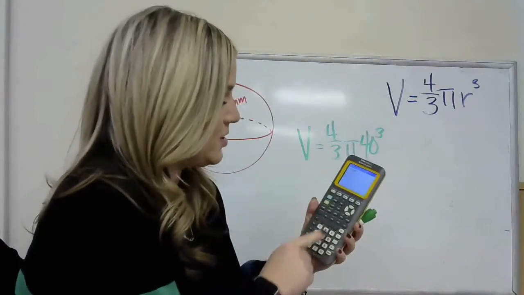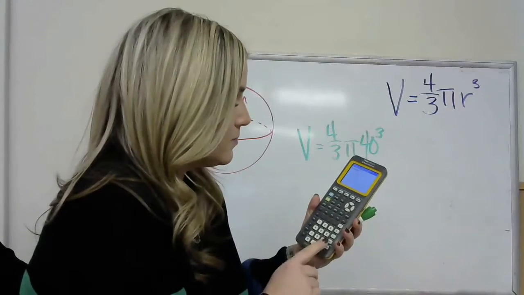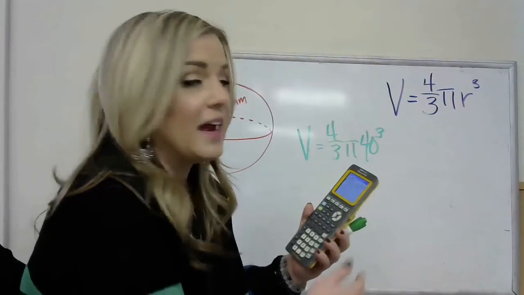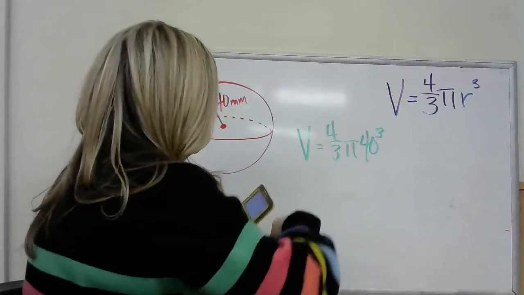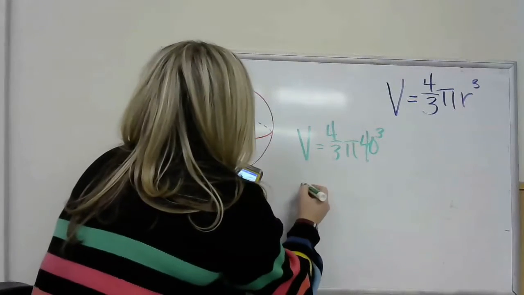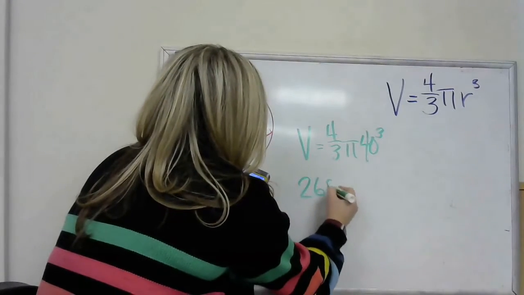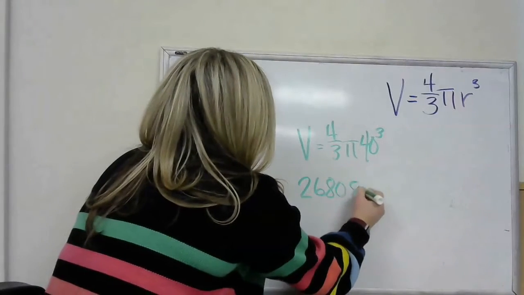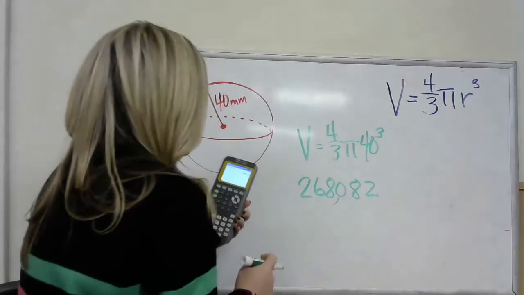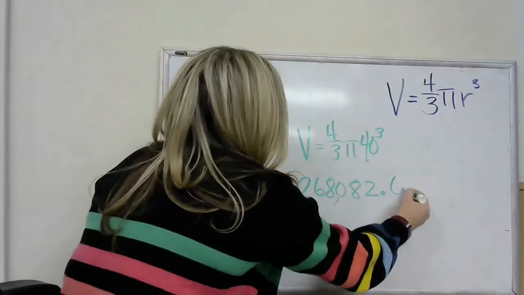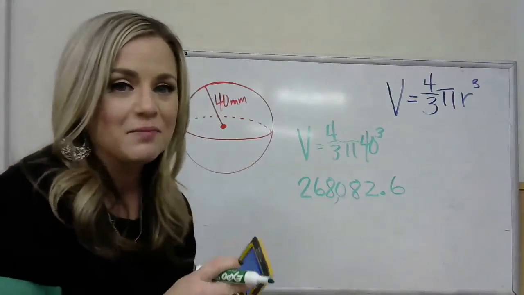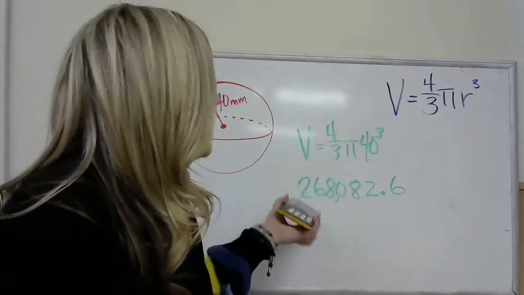Okay, so I'm raising it to the third power, and I'm pushing enter. And if you see, we got kind of a big number. We have 268,082 and 6/10. We're going to go to the nearest tenth again. Okay. All right. So that's pretty easy.